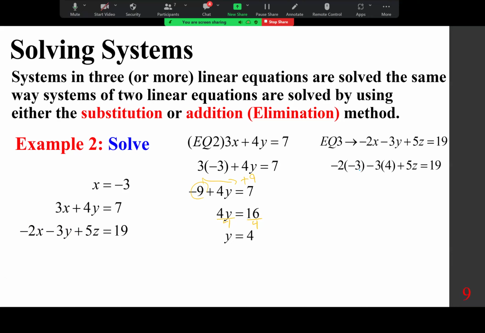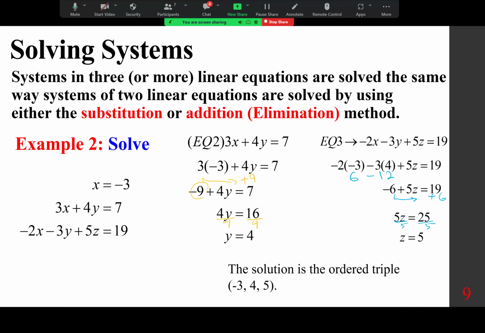So we get 6 minus 12, or negative 6. We move it to the other side, becomes positive 6 and 19, 25. Divide by 5. And you have the solution set, the ordered triple negative 3, positive 4, positive 5.